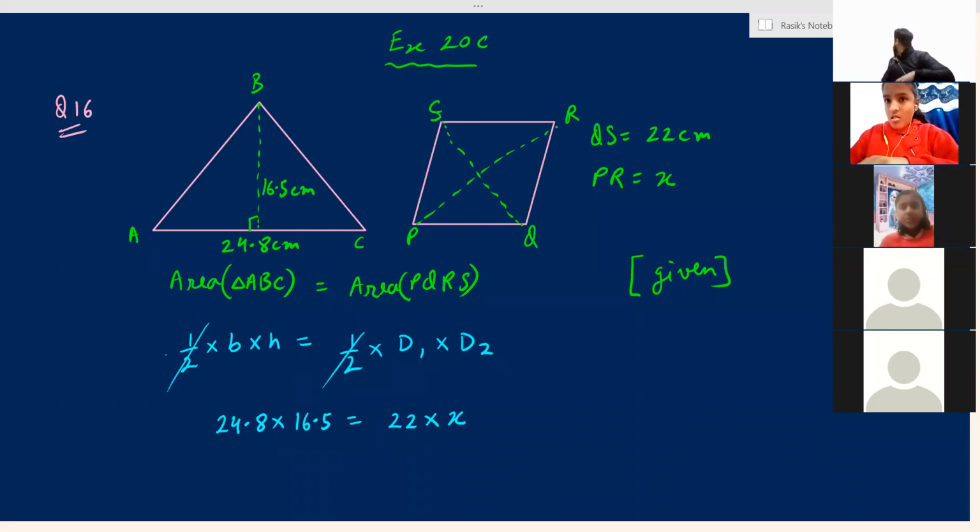Sir, 18.6. Sir, x is equal to 18.6. Sir, please don't tell the answer. Okay, I'm not telling the answer. First, you all complete.